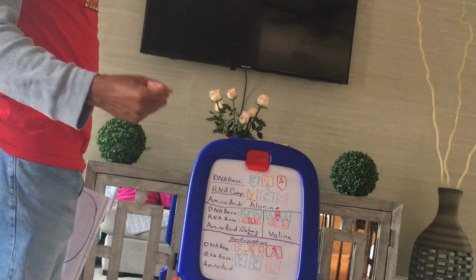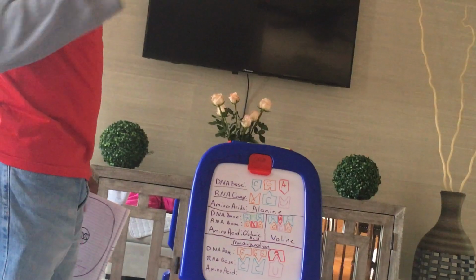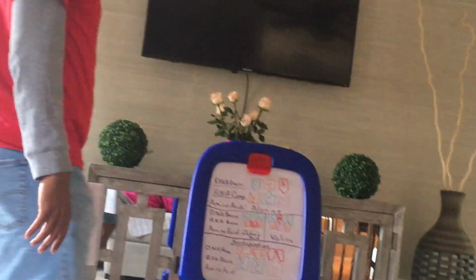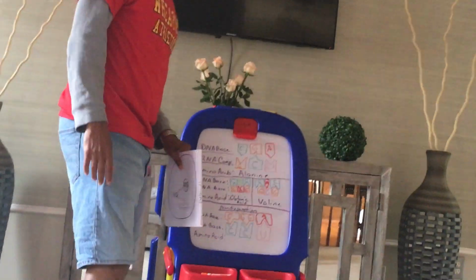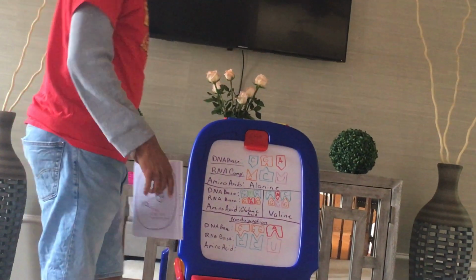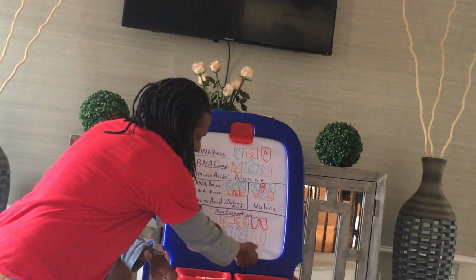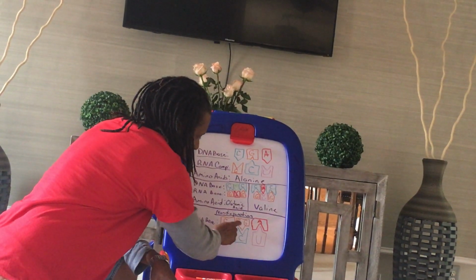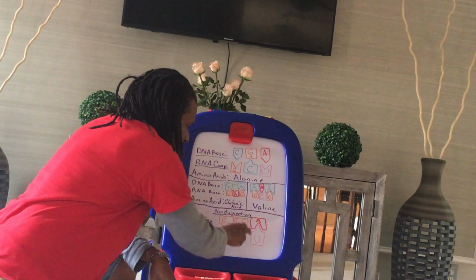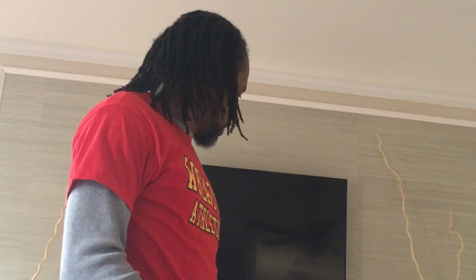Another example of these different types of mutations that apply to everyday life is what is considered non-disjunction. All right, some people know where I'm going with this. Once again, we have guanine, cytosine, adenine, uracil right here. But the thing is, we have two G's. What happens sometimes in this situation, and it's more common with the age factor, is that when meiosis takes place on the 21st chromosome, there's a failure of these chromosomes to split.